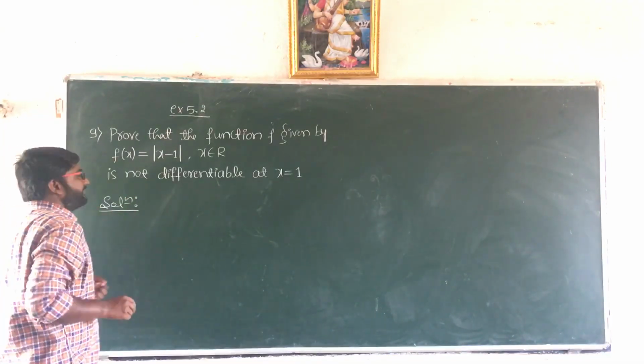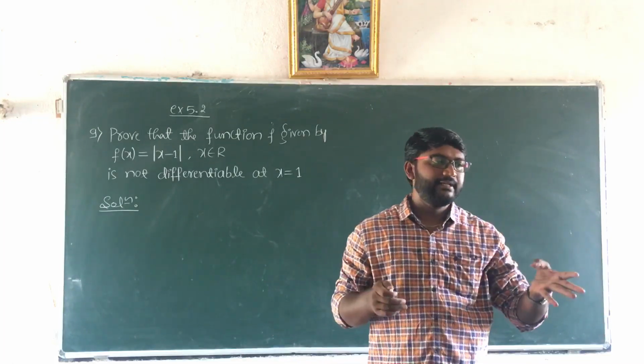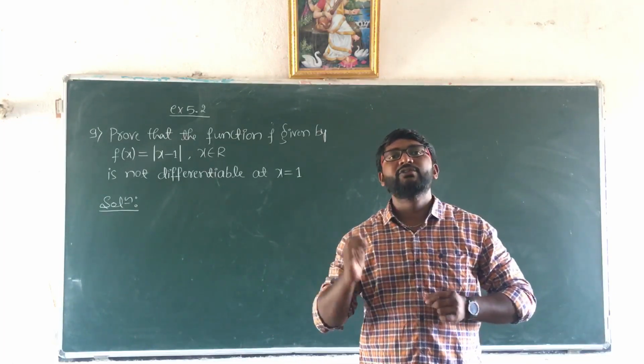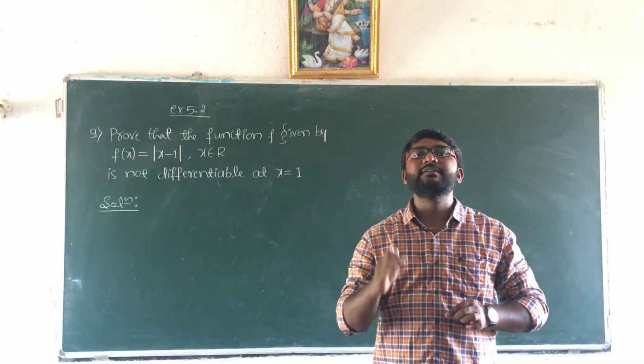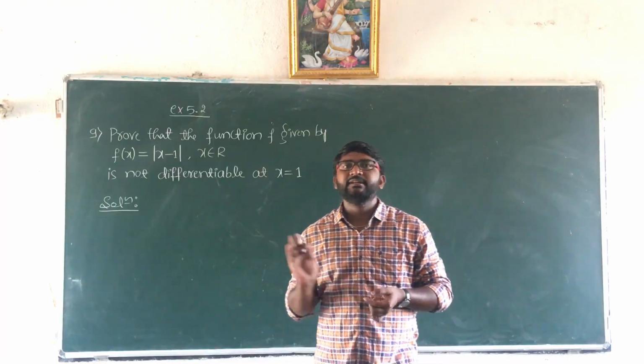So here we know the condition that initially we assume that LHD is equal to RHD. If left hand derivative is equal to the right hand derivative, then the function is differentiable at that particular point. This we have discussed in the beginning.